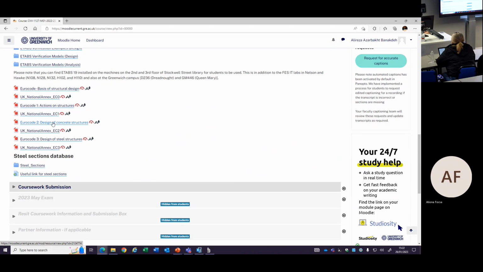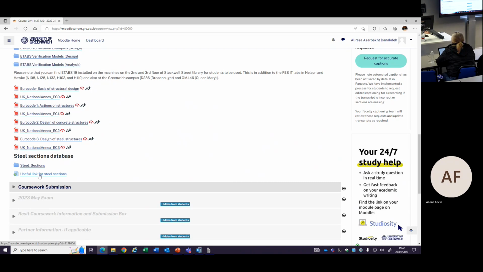So far we were talking about EC2, design of concrete structures, and hereafter we will talk about EC3, design of steel structures. So this is the text of the code. You can go to different sections when we talk about different things and design criteria. And these UK National Annex just provide some tables and parameters specifically designed for the UK. It's a kind of annex to be added to the Eurocode to be practical in the UK.